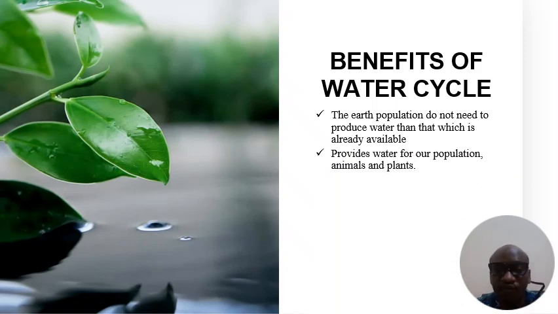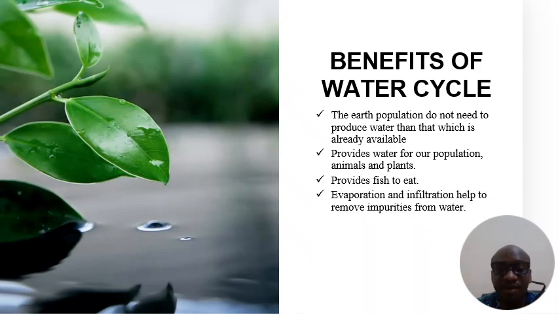The water also provides for the population of living organisms like plants and animals, and also helps us to have access to fish that we eat because fish live inside the water.